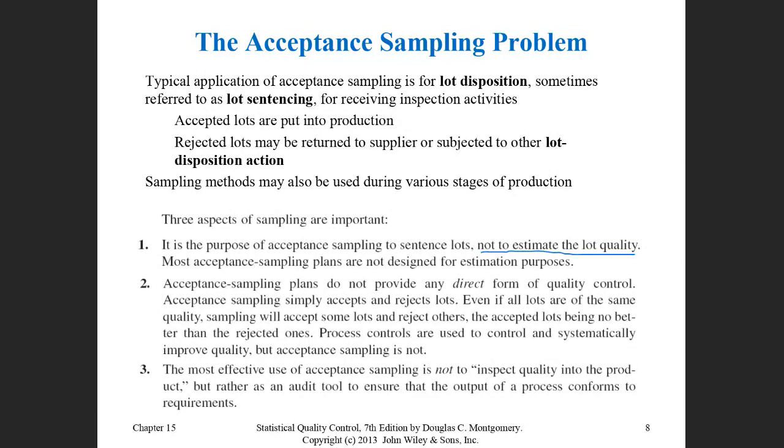acceptance lot. The quality, when we talk about the production or the process, we always refer to the variation or the variability within the control limits. Here we talk about specifications.